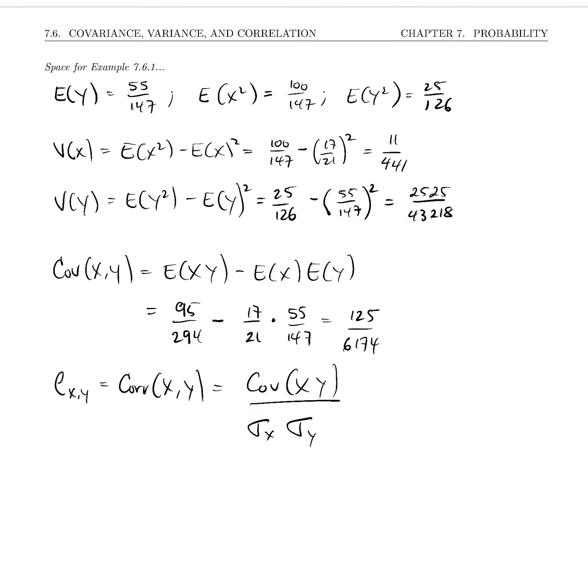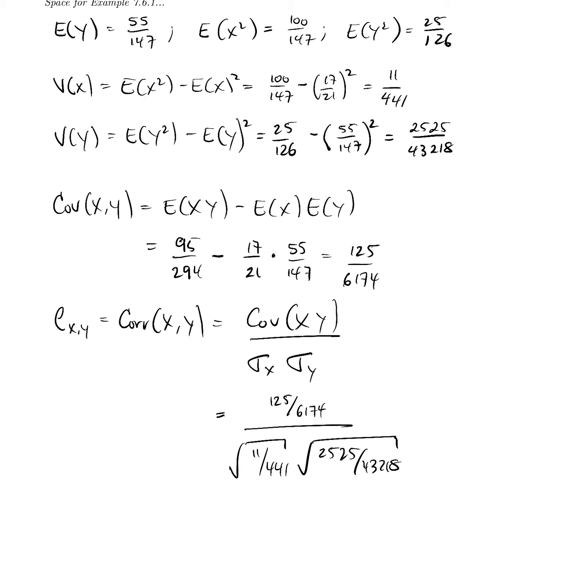So we are going to take in our numerator the covariance, 125 over 6,174, divided by the square root of the variance, 11 over 441, times the square root of the variance of y, 25 over 43,218, which is a hideous looking expression, but it comes down to about 0.53.